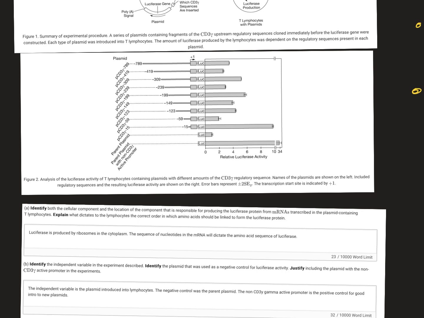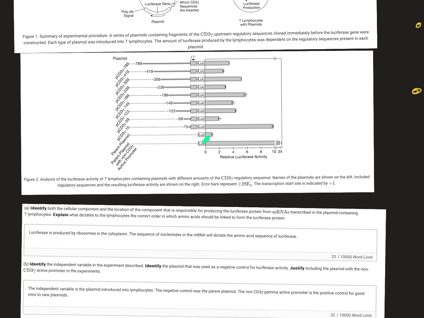All right, it looks like what they did, and let me read real quick. Yeah, that's exactly what they did. So they graphed the amount of luciferase activity against different portions of the promoter region. So in here, this has the parent plasmid, just luciferase, with very little of the promoter region there.